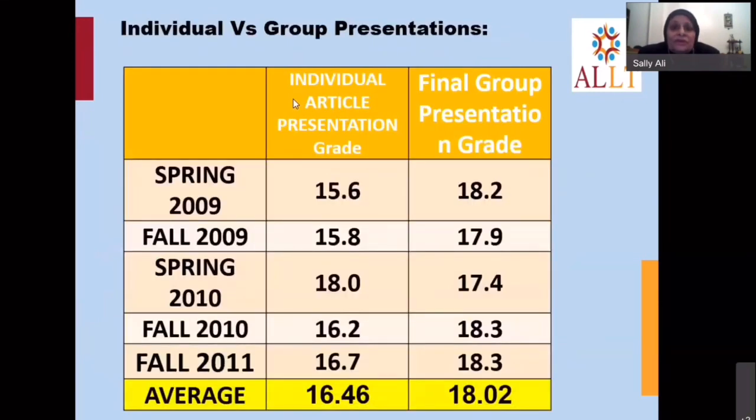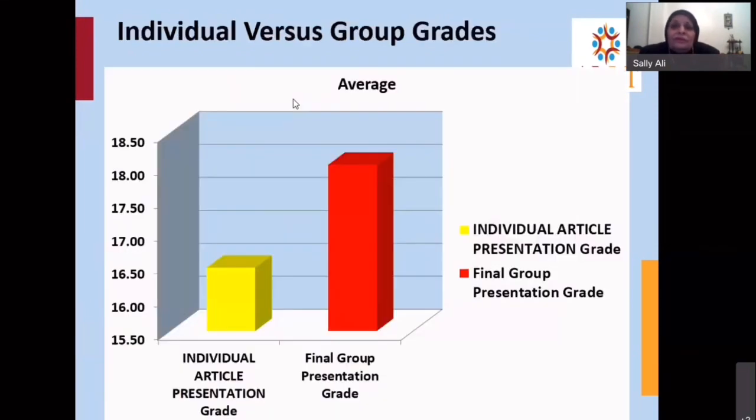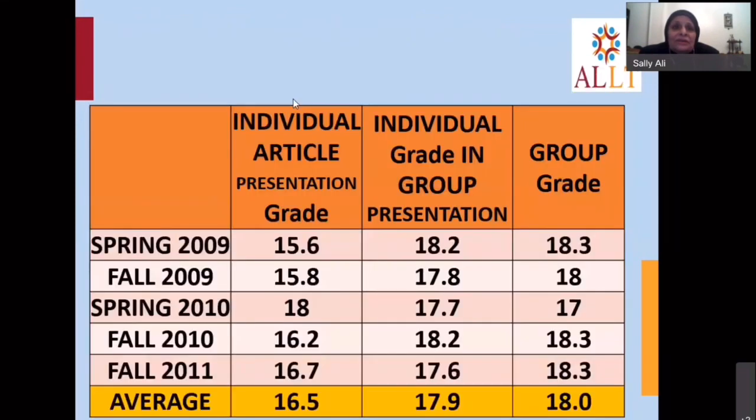If we look at the screen, we find that the average for the individual article presentation is 16.46, whereas the final group presentation averages 18.02, as you can see. Now, let's take a look at the other slide: individual article presentation, individual within the group, and the group.